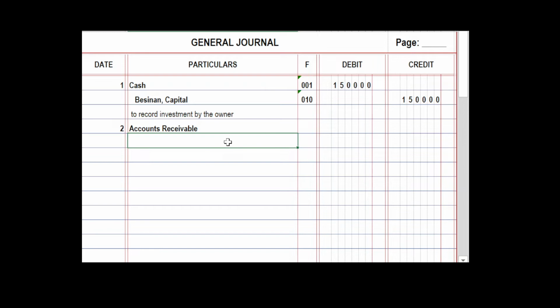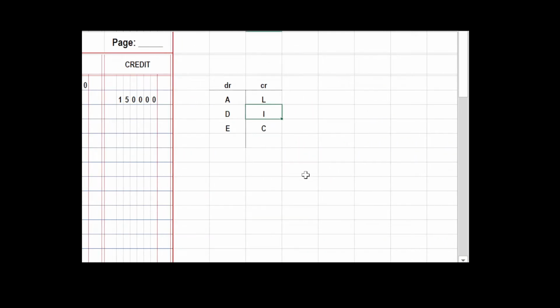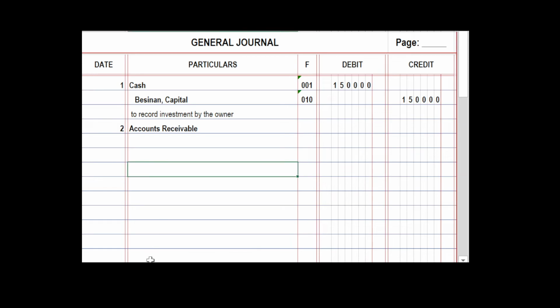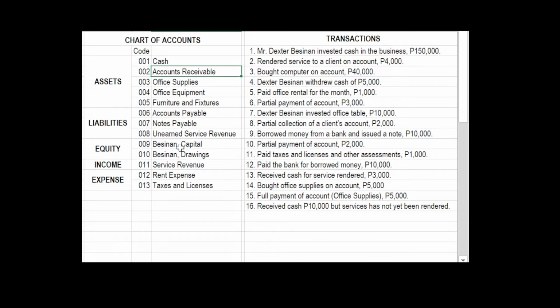Walang lumabas sa business. So, yung ilalagay natin sa credit natin is income kasi nga na-analyze natin na hindi tayo naka-receive ng pera pero nakapag-render tayo ng service, ibig sabihin income yun. So, si income is nasa credit side. Kaya yung credit natin dito, balik tayo sa chart of accounts. Eto, service revenue.